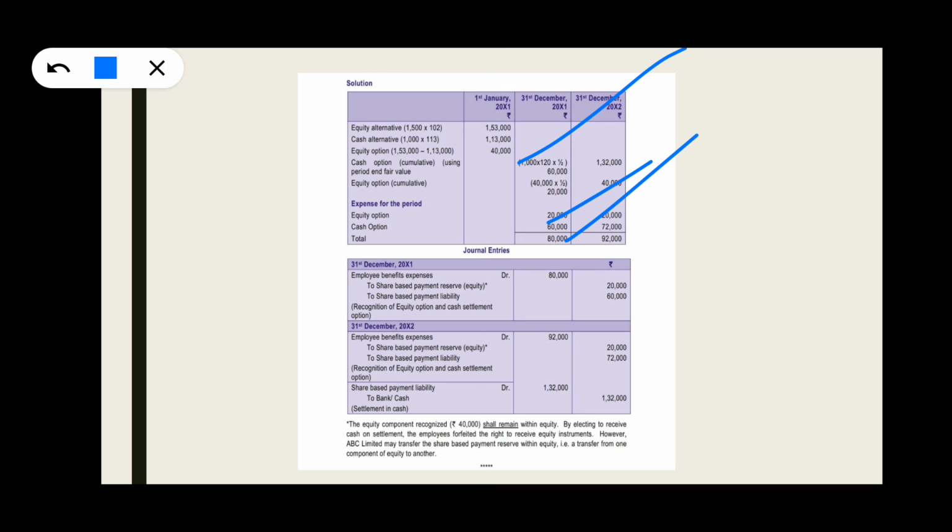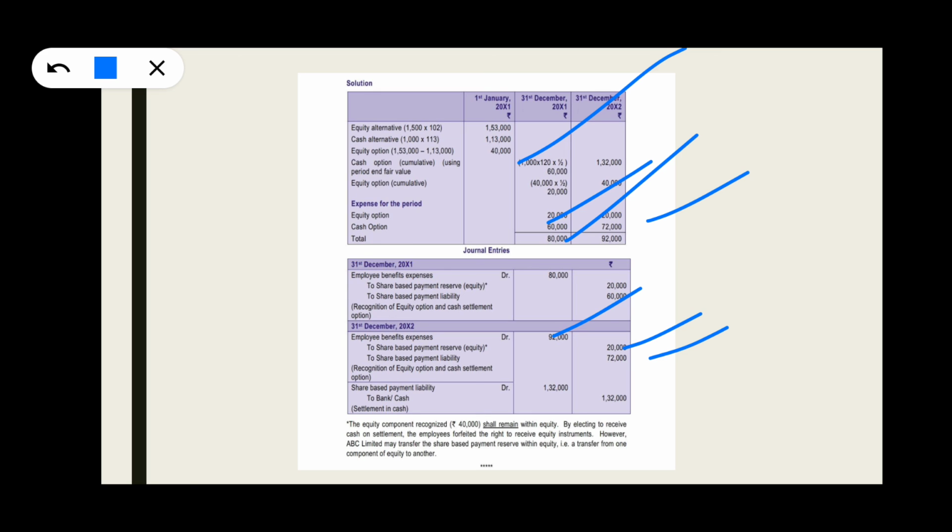So 1000 into 132, that is 1,32,000, is already recognized in the books. The difference amount will be recognized: employee benefit expense account debit to SBP reserve account, to SBP liability. We have recognized 92,000, that is 20,000 and 72,000.